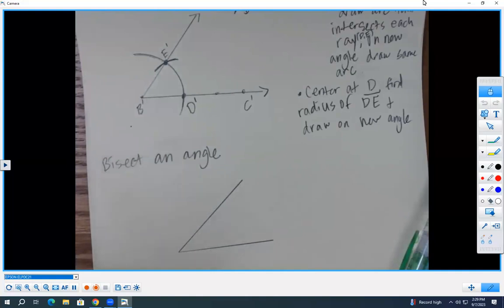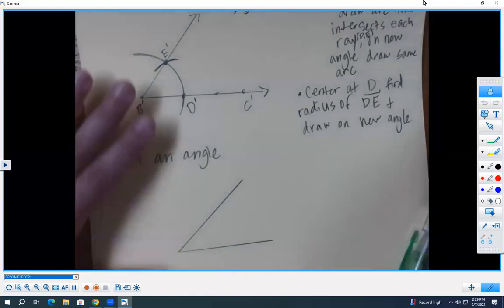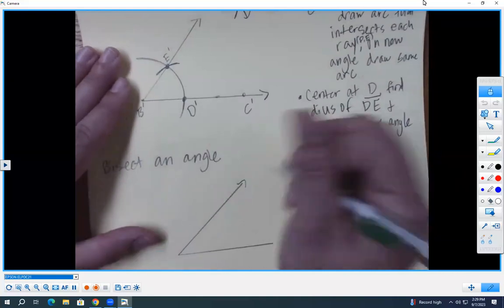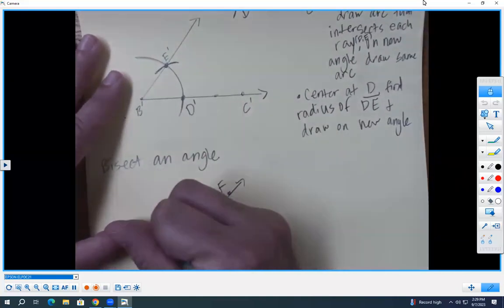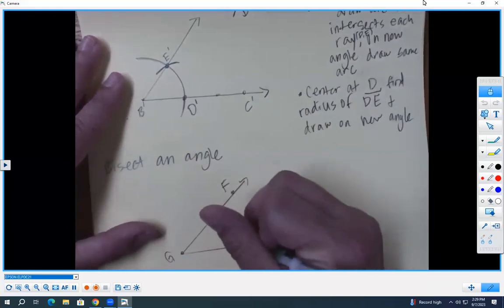Any ideas on how to bisect an angle? So let's call this F, G, and H.